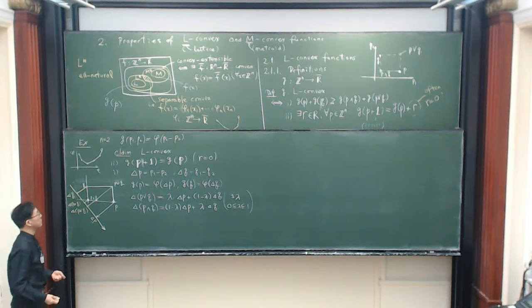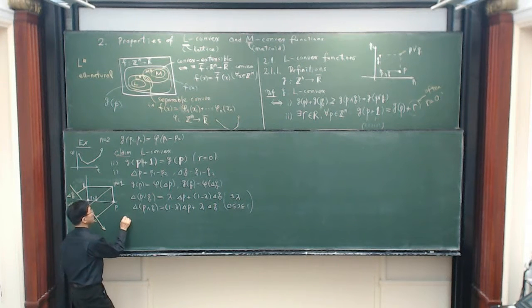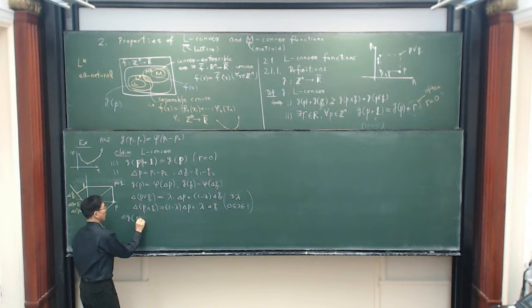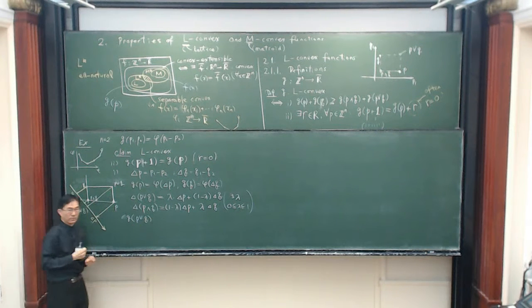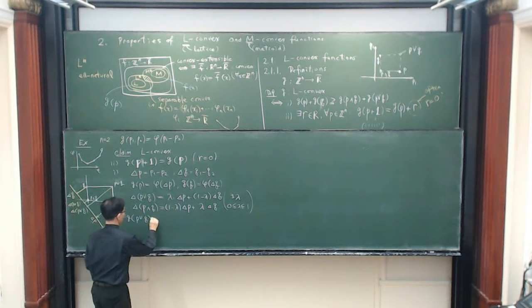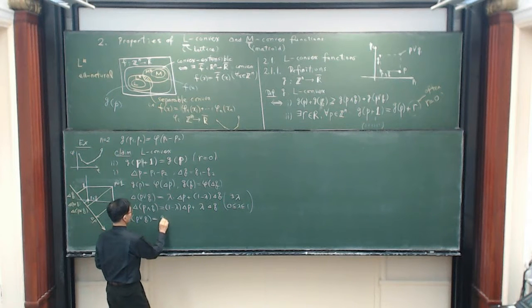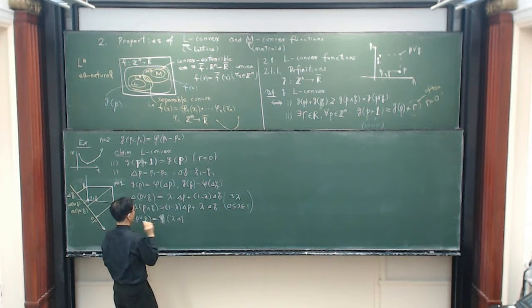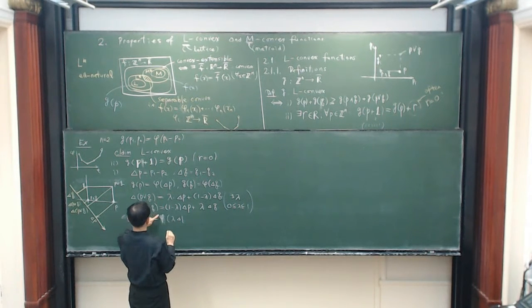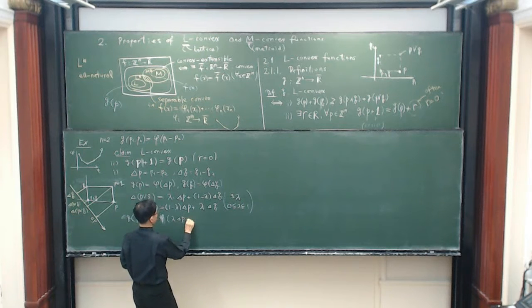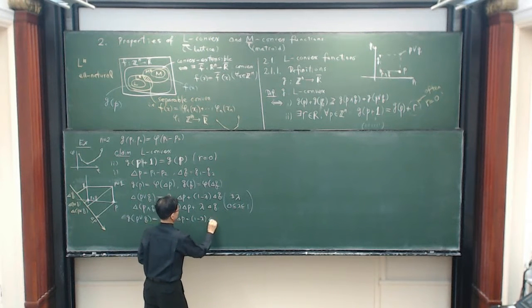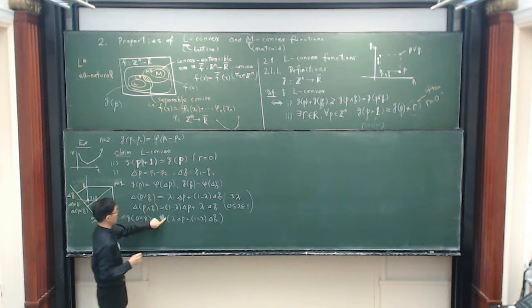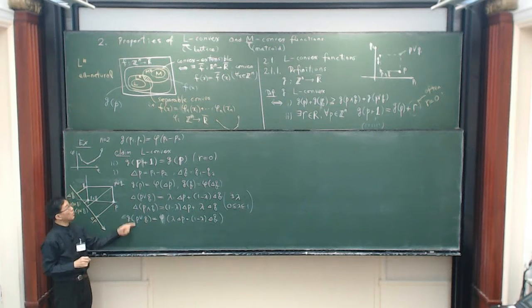Now, let's compute the value of this function G at P join Q. Then this is phi of lambda delta P plus 1 minus lambda delta Q, because of the definition of this.